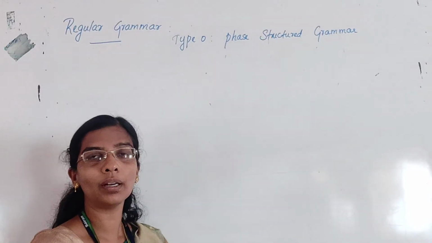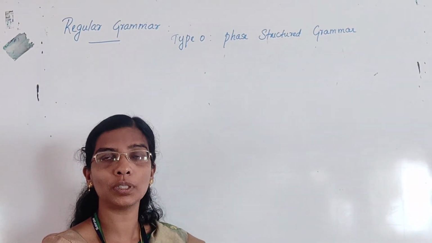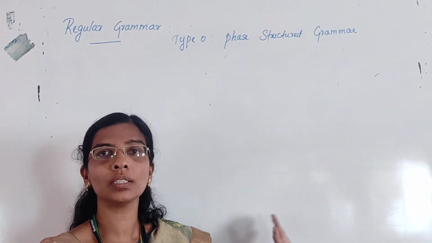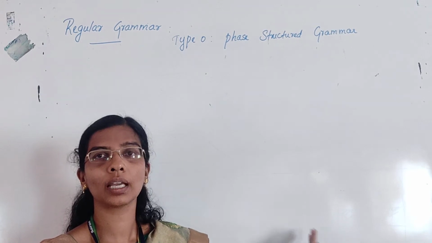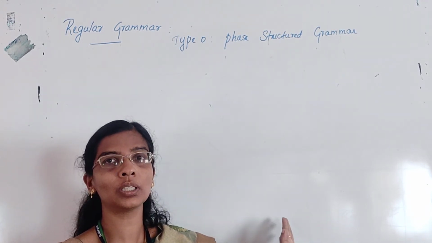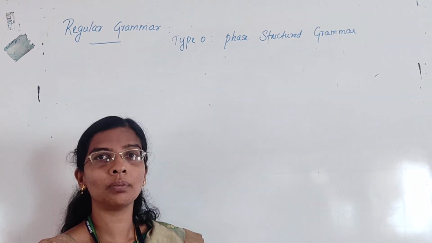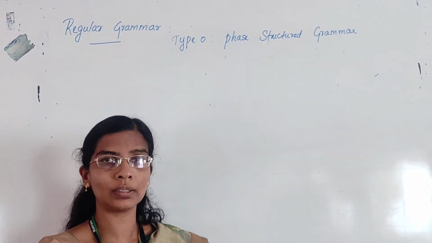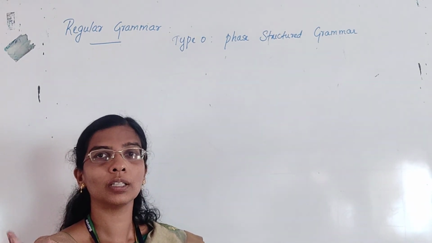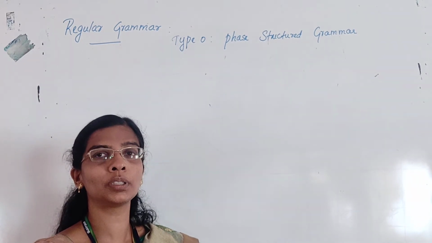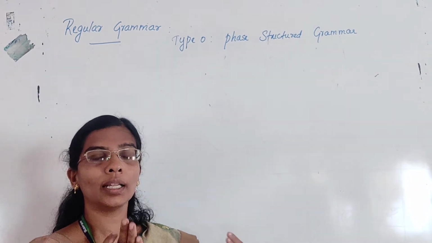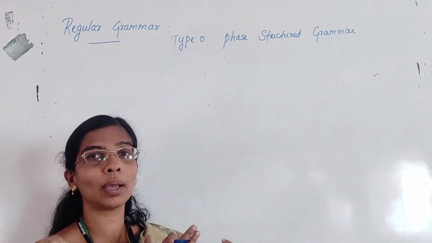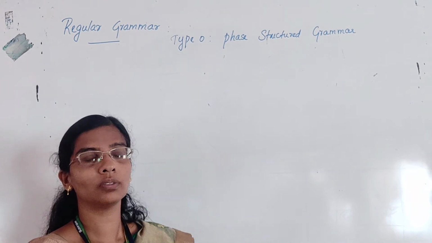The corresponding language is type 0 language, or I can say recursively enumerable language. This is accepted by my Turing machine, which we can study in further modules. So Turing machine accepts type 0 language, and the corresponding grammar is type 0 grammar or phrase structure grammar.